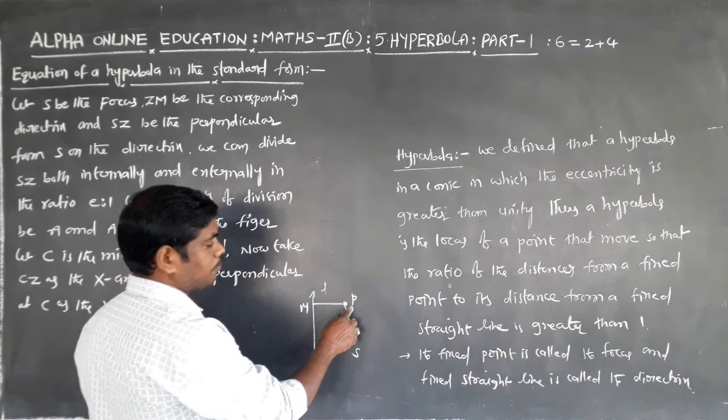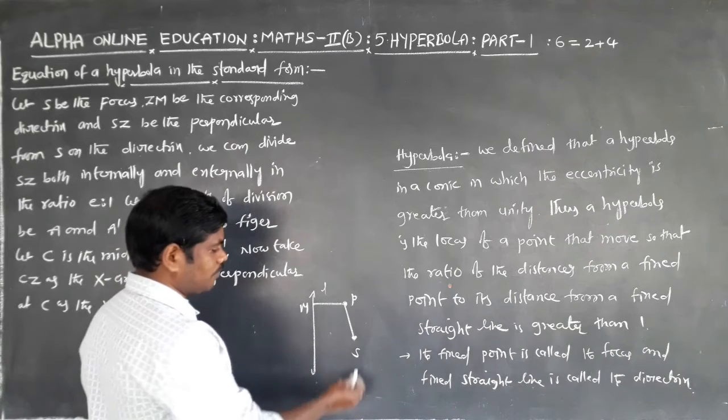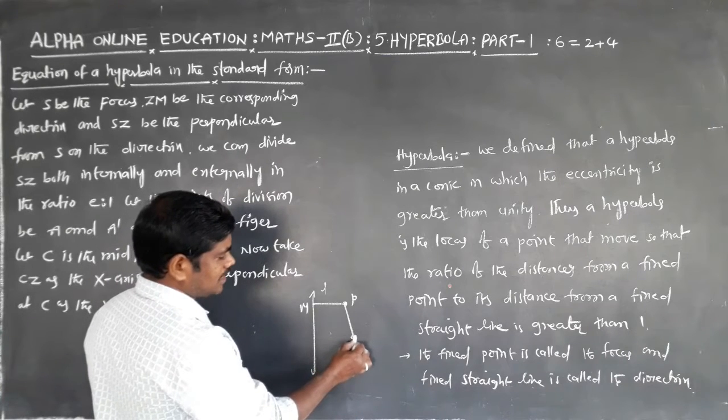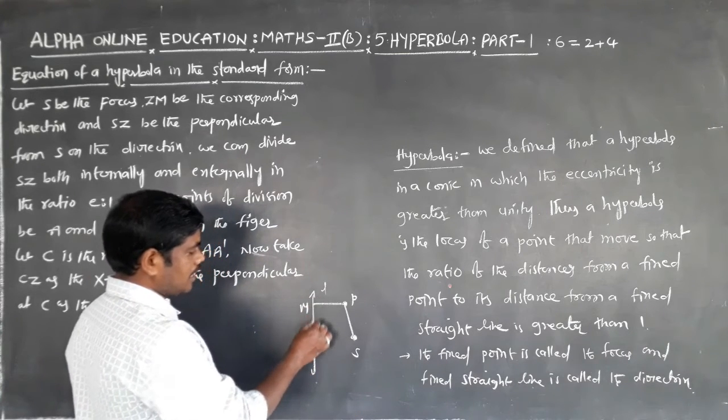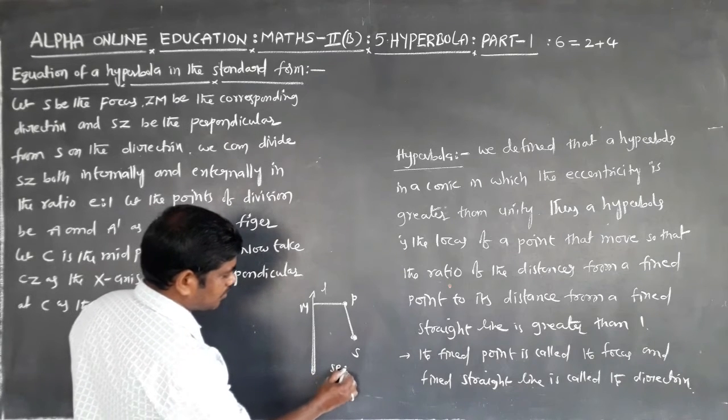Suppose P is a point that moves in a plane such that its distances from the fixed point S and the fixed straight line L are in a constant ratio.